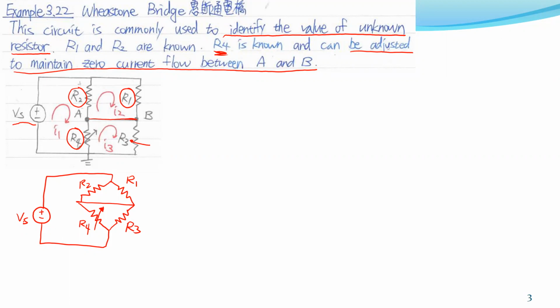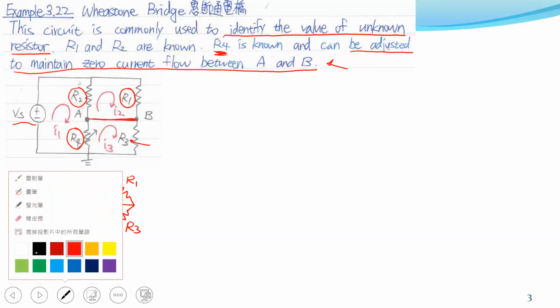So how can we prove this? If we make the current between A and B zero, how can we know the resistance of R3? We apply mesh current analysis to show you.